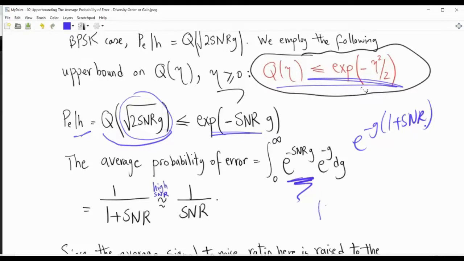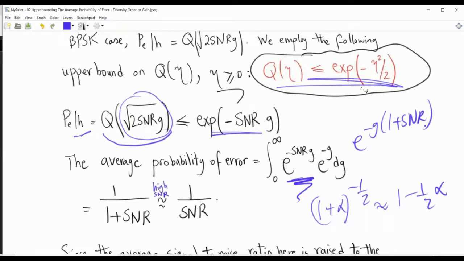Now we don't have to do these things. If you just upper bound the Q function, you get the same trend. Sometimes we just focus on the trend. Here I just want to know how the average probability of error varies with the average signal to noise ratio. It makes your life much easier.